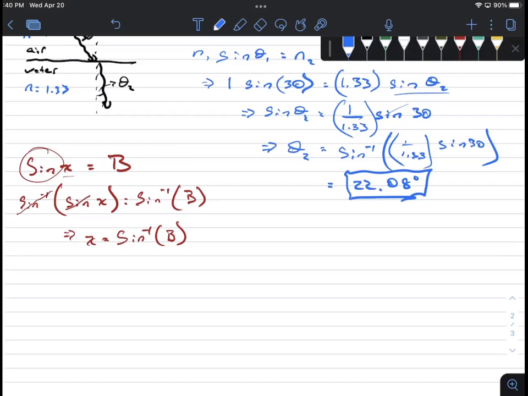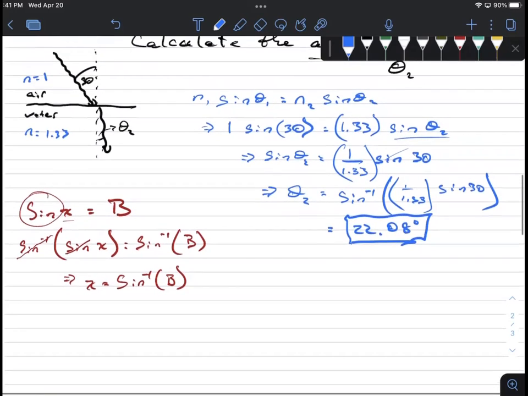Now I can look to see if this makes sense, if this answer seems to be okay. And here's the rule. If you're going from one medium to another, and the second medium is more dense, it's thicker, its index of refraction is bigger, then theta 2 will always be a smaller angle because you bent closer to the normal.